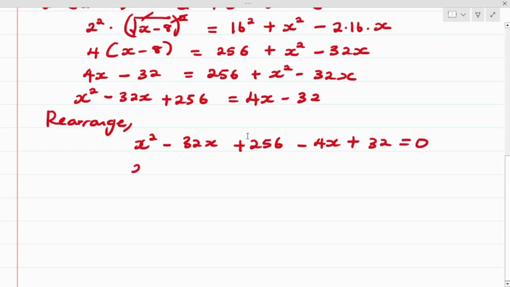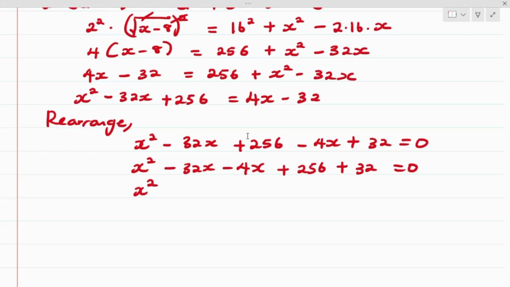Collecting like terms, we have x squared minus 32x minus 4x plus 256 plus 32 equals what? 0. So we have x squared, minus 32x minus 4x will give us minus 36x, plus 256 plus 32 is going to give us plus 288, and this equals what? 0.